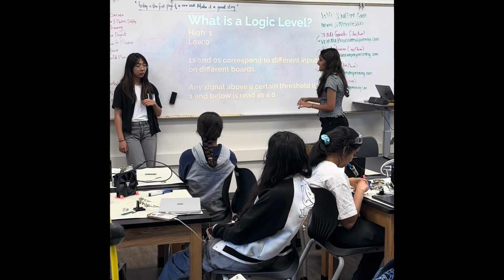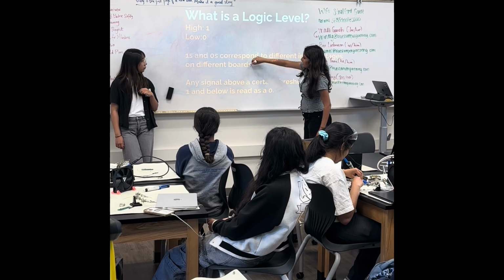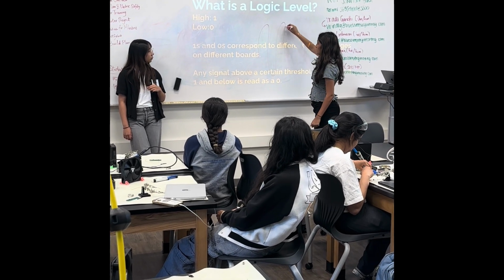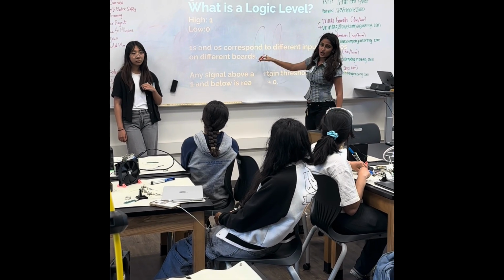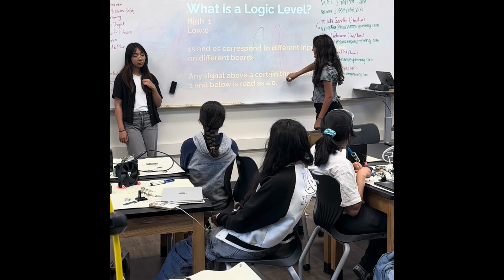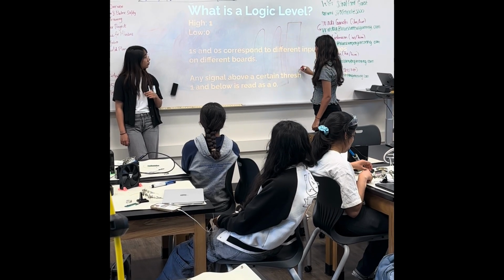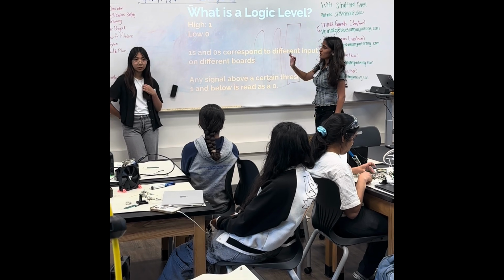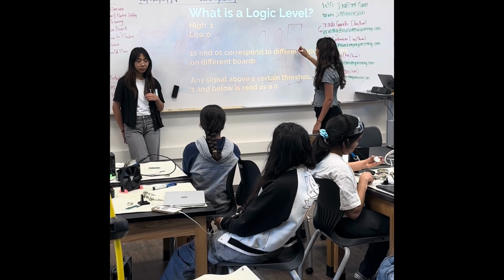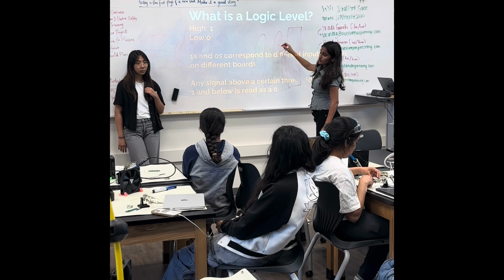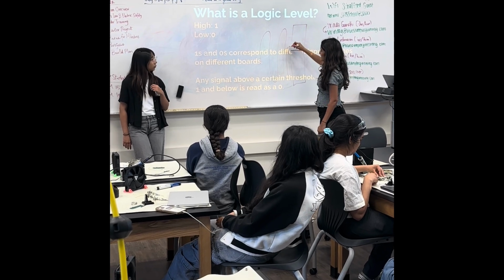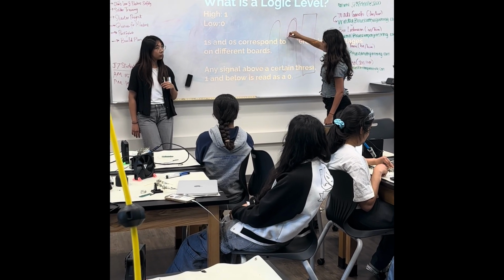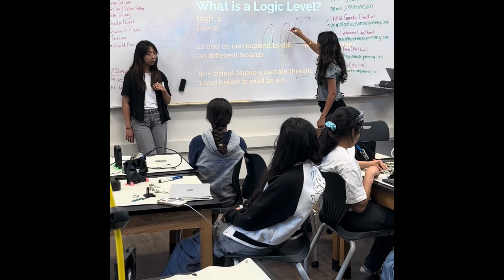So say that you're getting some sort of signal from your sensor. These are called analog signals, by the way. Your sensor doesn't know what all these numbers are, it's too complicated for him, so he's going to be like, if my signal is above a certain threshold, like this whole part, I'm just going to push it to 1.